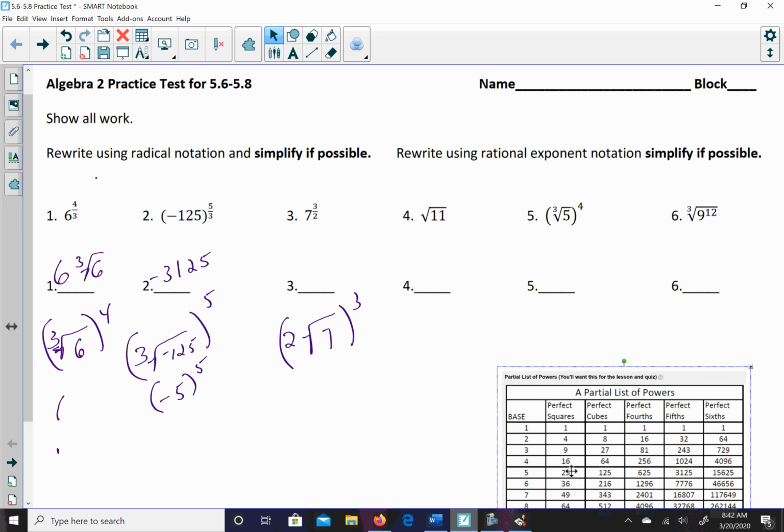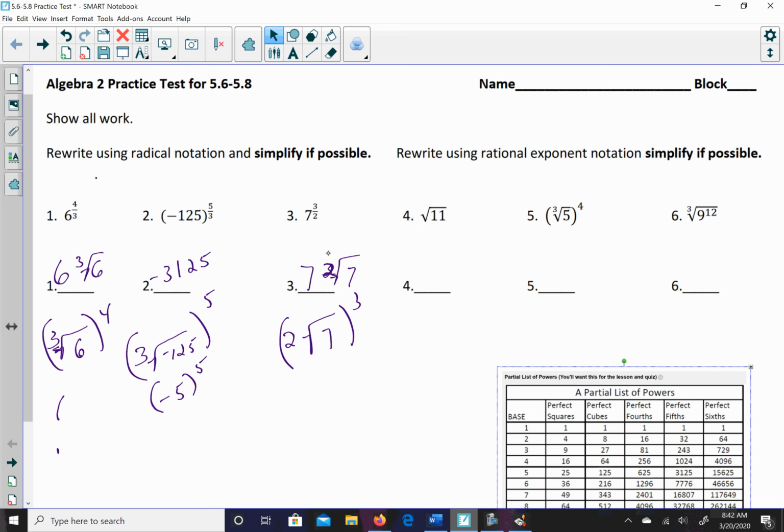When I look at my perfect squares, 7 is not on that list, but I can simplify the 3/2. 2 will go into 3 one time, so I can pull one 7 out. I will have one 7 left over, so my final answer is going to be 7 times the square root of 7. And you don't have to write that 2 because it's understood to be a 2 if nothing's written.